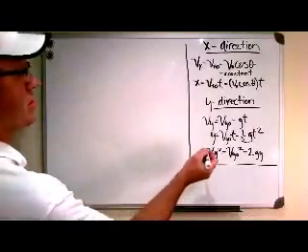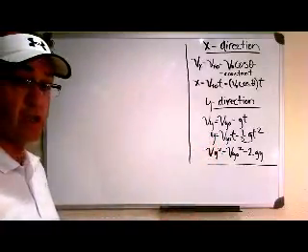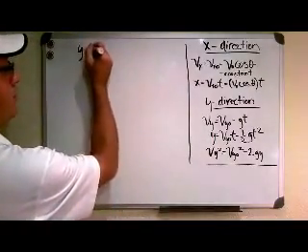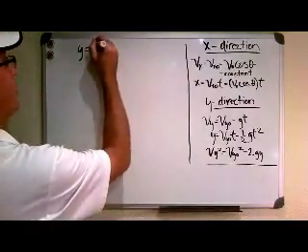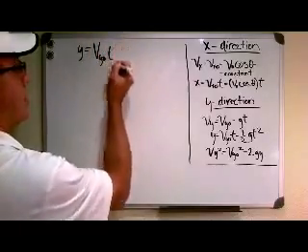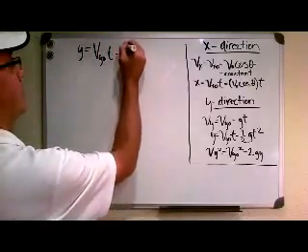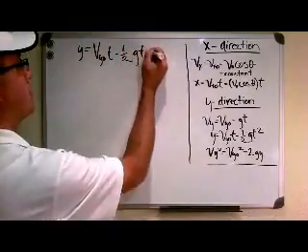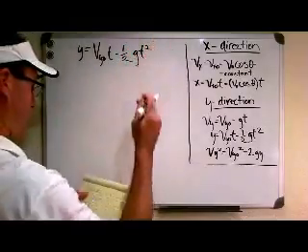Remember that the position of y, which is basically the height that we want to find out, equals the velocity of y naught times the amount of time that it's going, minus 1/2 the force of gravity times the time that it's going squared.